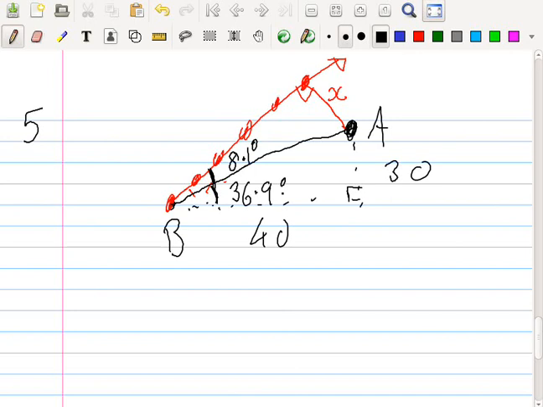No, don't look confused. Do you know where I got 36.9 from? I'm not getting it. Joseph, are you confident with your angle there? Yeah? Oh, 36.1. Yes.